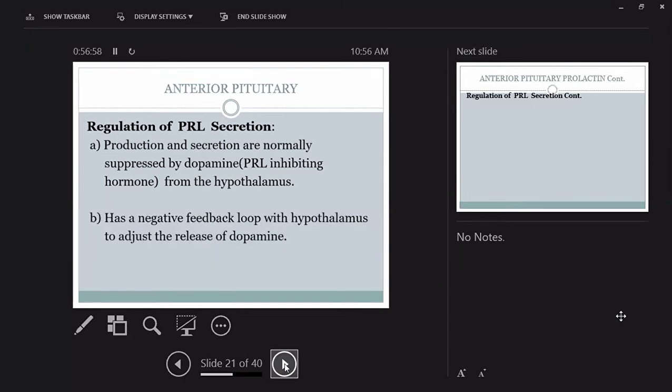It has a negative feedback loop with the hypothalamus to adjust the release of your dopamine.